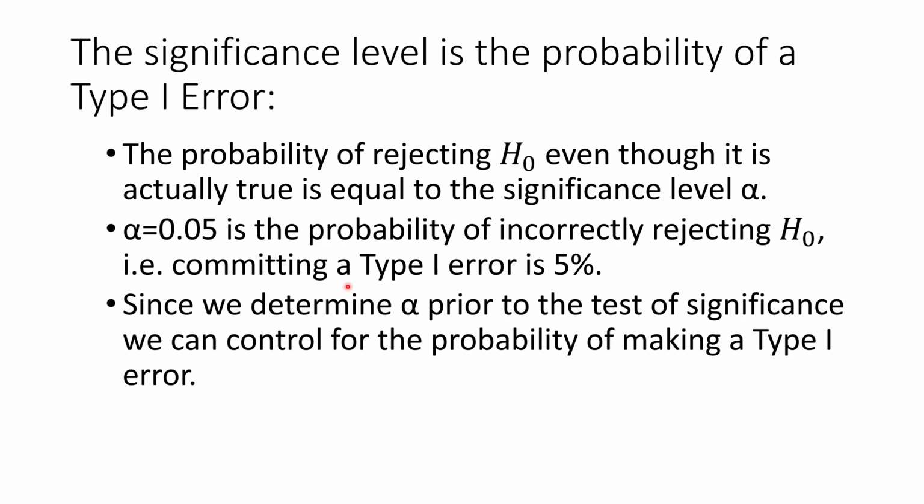That is, the probability of committing a type 1 error is 5%. Since we determine alpha prior to the test of significance, we can control the probability of making a type 1 error.